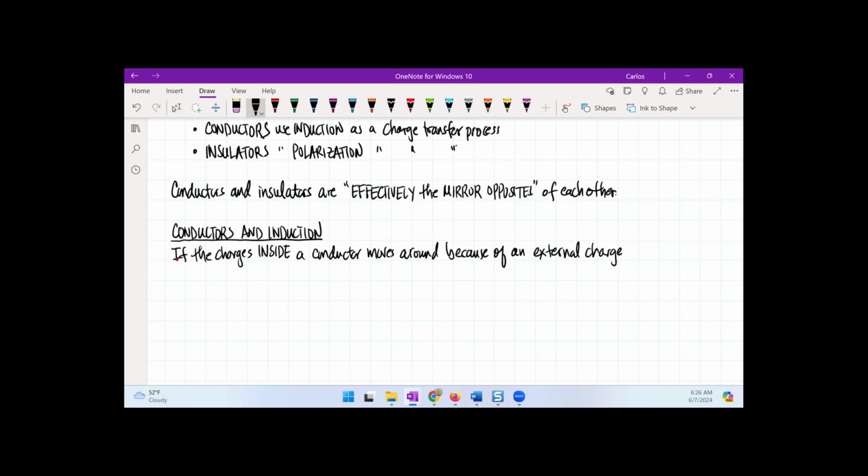I mean, isn't that what conductors do? Conductors allow charge to move. So the charges inside a conductor, they're going to move around because there's an external charge.